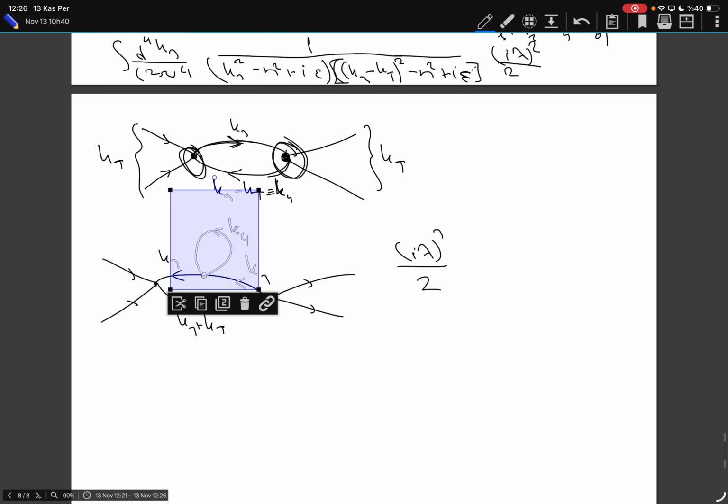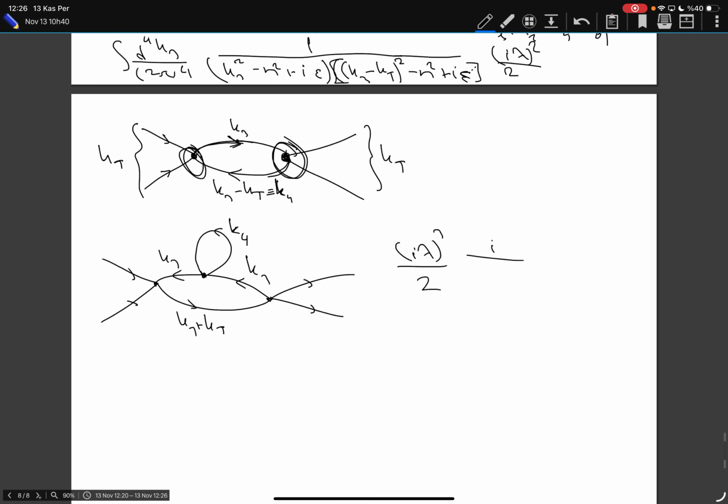That's my symmetry factor. And then I have i over k3 squared minus m squared plus i epsilon. Well, I have 2 of these. Can I flip the bigger loop? No, if I flip them, the upper bubble becomes the lower bubble. No, just vertical. External legs are fixed.